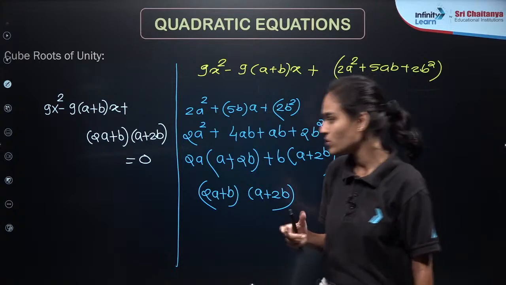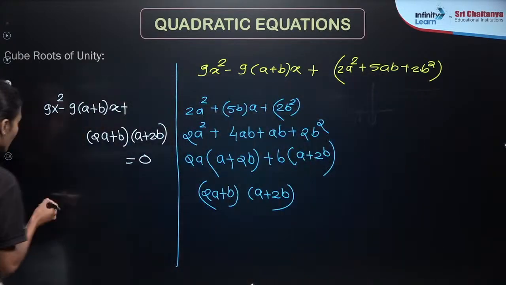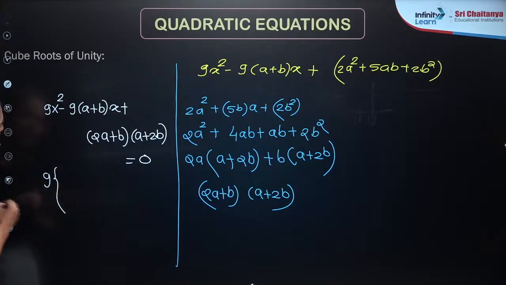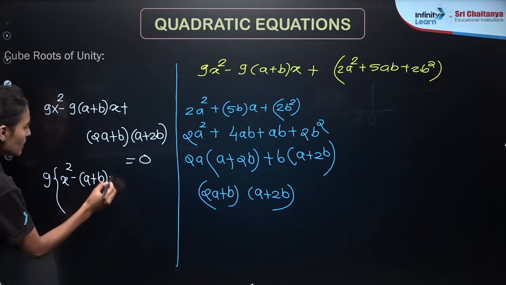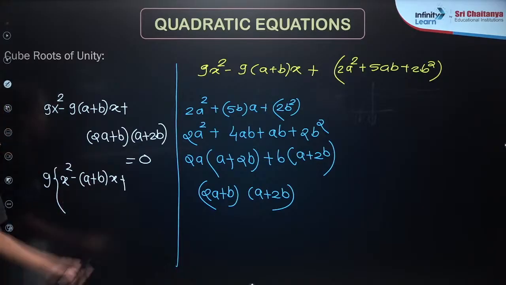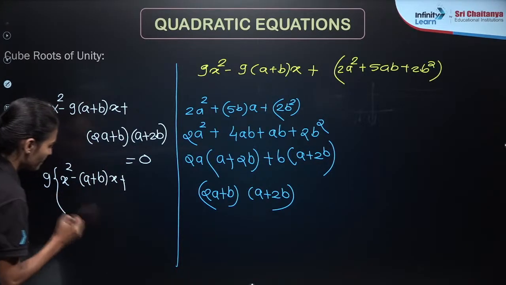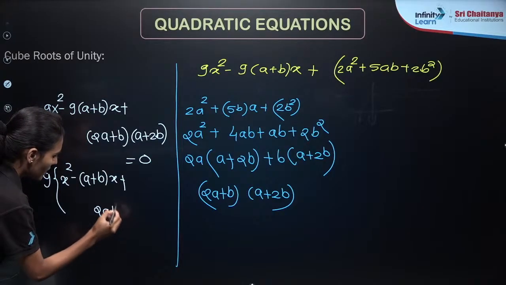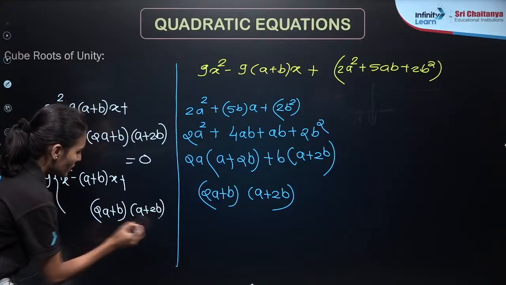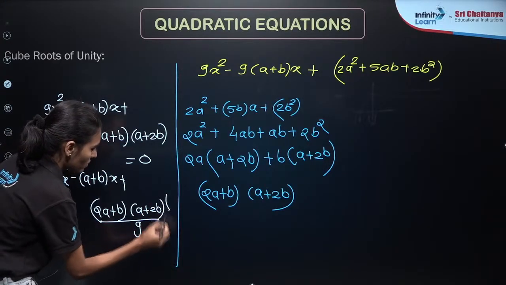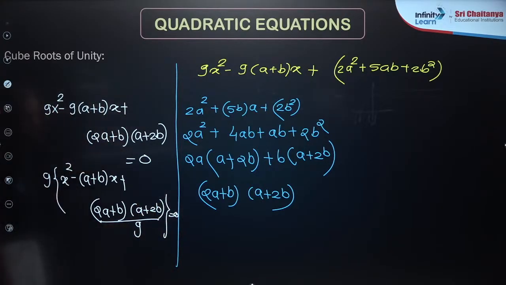So in order to remove the confusion, suppose if I take 9 common, okay, so this will become x square minus a plus b times x plus, now here I need to divide by 9, right? So this will be 2a plus b into a plus 2b whole divided by 9 equal to 0. So 9 you can cut, because it will go to RHS, it will become 0.